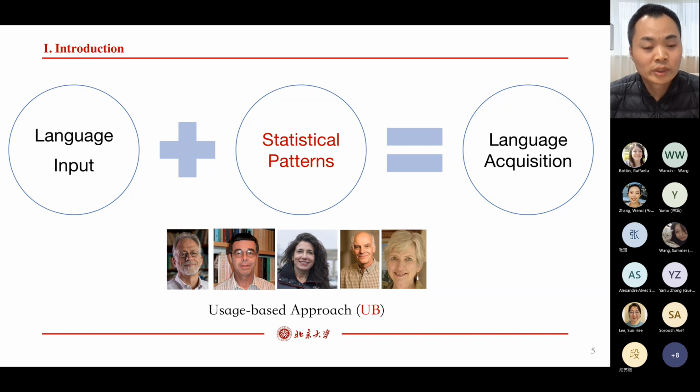Their key claim is that language input or language use is not random. It follows certain statistical patterns, and people, children or adults, learning a first or second language, are able to track these statistical regularities and retrieve those patterns, which helps us establish mental representations of linguistic units as well as the use of language.